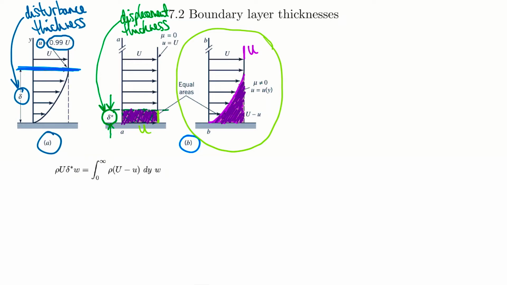We'll talk about the math quickly here. Again, not because we're going to do calculations with this, but because we want to know how we get these concepts. If you're running experiments, for example, you want to be able to get the displacement thickness, so it pays to know a little bit about how this mathematics works. If we look at this area here, the loss of mass flux is going to be a mass flow rate, which is rho v times dA, or density times velocity times the area.